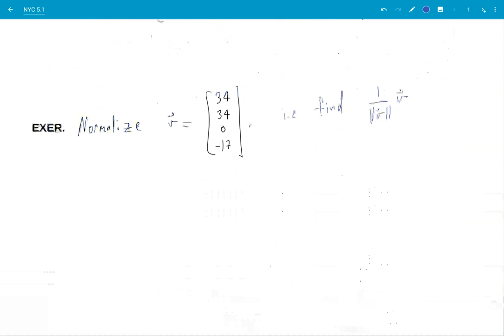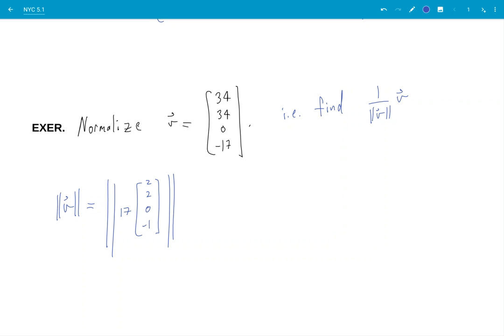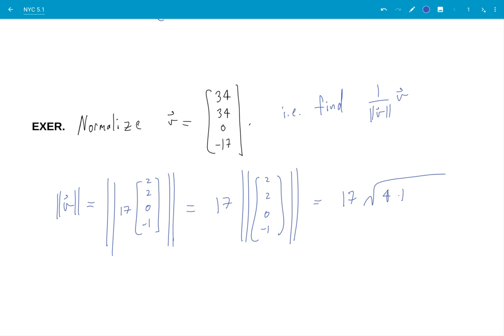First thing I'll do is find the length of v. Well, I'm going to factor out the 17, right? Otherwise, I'll be in trouble. I don't like being in trouble. If you find yourself confronted with big numbers in this class, then you are doing something wrong. So where are we?